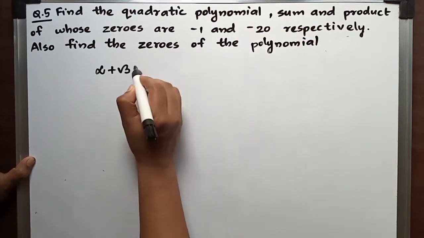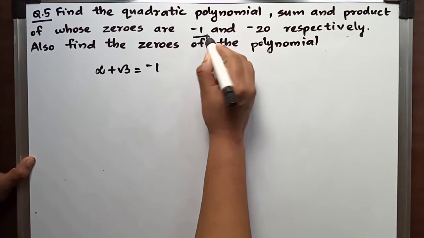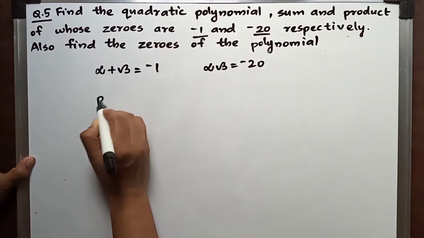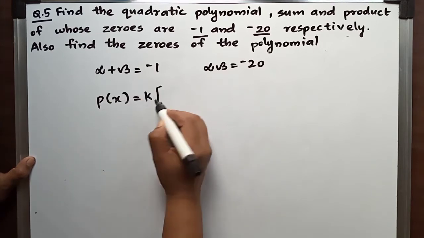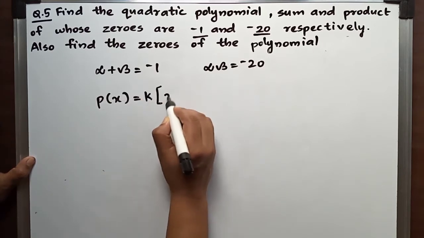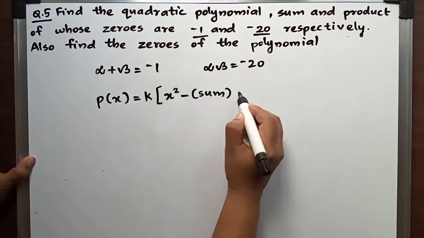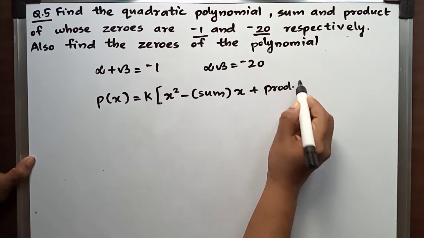Then the sum of zeros is −1 and the product of zeros is −20. Generally we can say that a polynomial can be represented like this, where k is a constant: k(x² − (sum of zeros)x + product of zeros).